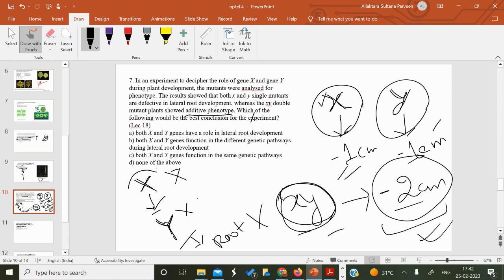And if you mutate Y, then also your root development will get hampered. But if you mutate both, then two things can arise.